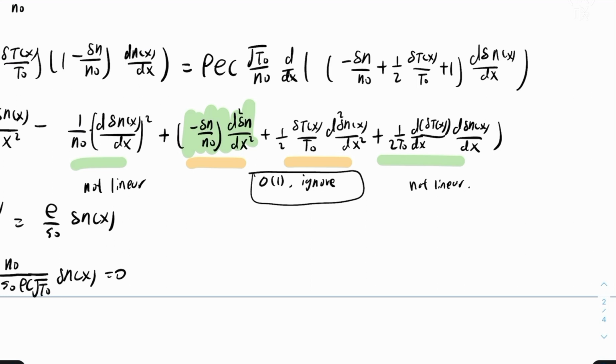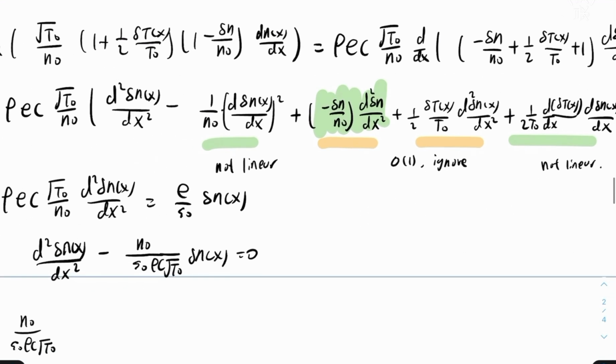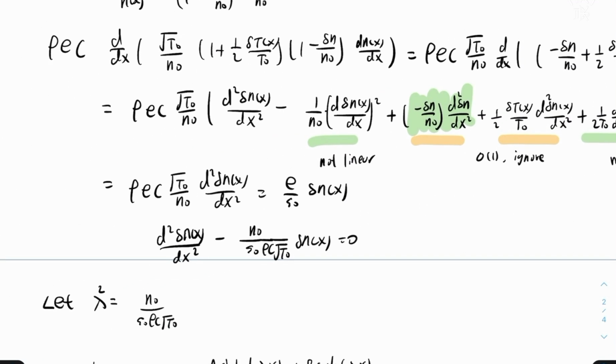Now the whole stuff will simplify to this equation. Rho E C times square root of T divided by n times the second derivative of delta n is equal to E divided by epsilon times delta n.